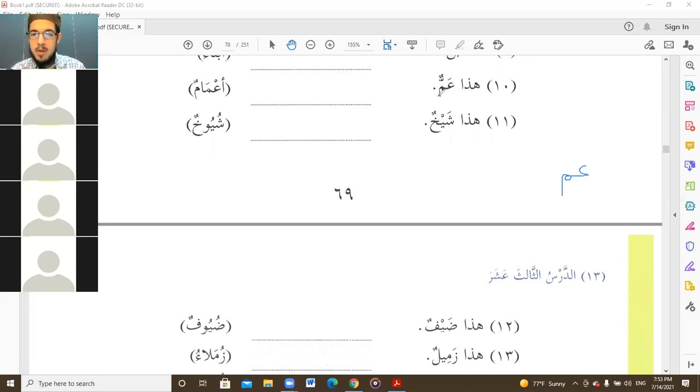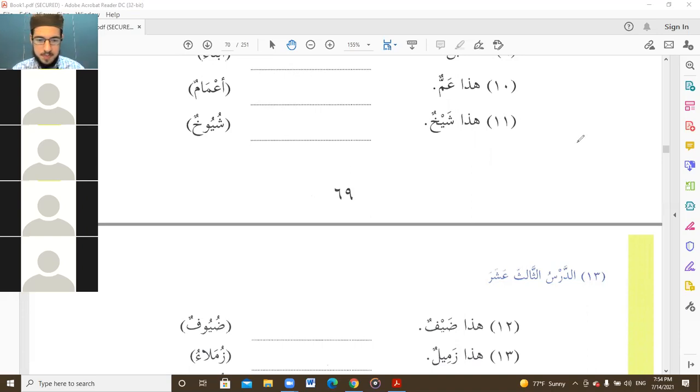So we have am with doubled meem, which means an uncle, and then we have amm, which means general. And the plural of this is umum. I remember there was a sign in Medina in the Haram, down at the parking lot underneath the Prophet's Masjid, and it said something like general parking, and I guess they Google translated it, and what the English read was parking for uncles. So with Arabic, never trust Google Translate. That's the lesson.